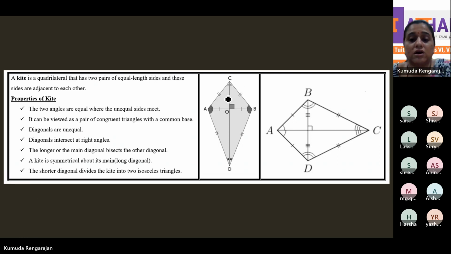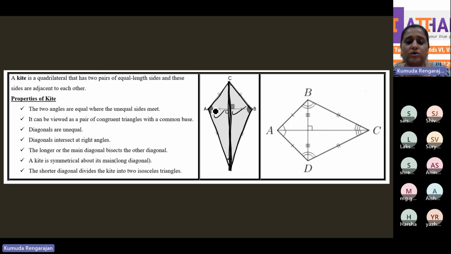Now, if you look at the kite as a summation of two triangles with a common base DC, one triangle like this and another triangle here, these two triangles are identical.